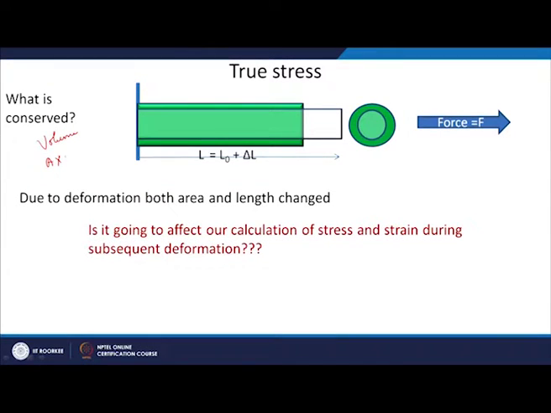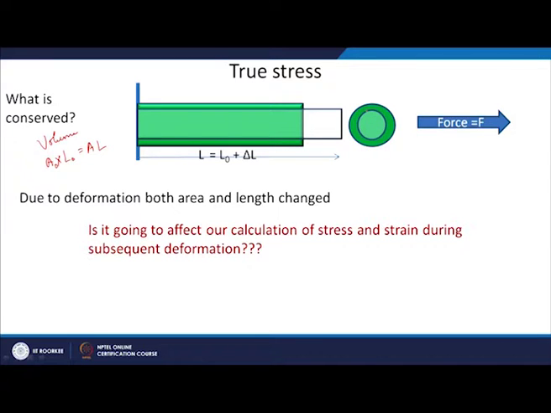So, my cross sectional area A into initial length L naught will be equal to the final cross sectional area and the final length. Length will increase, so cross sectional area has to decrease, so that the overall volume constancy is there. So, volume is going to be conserved. In this case my length is increasing, my cross sectional area is reducing.